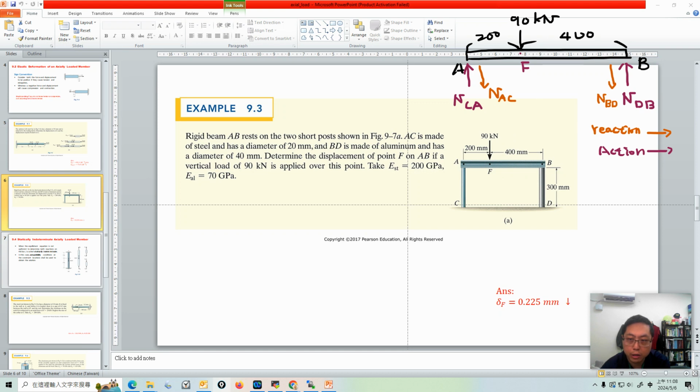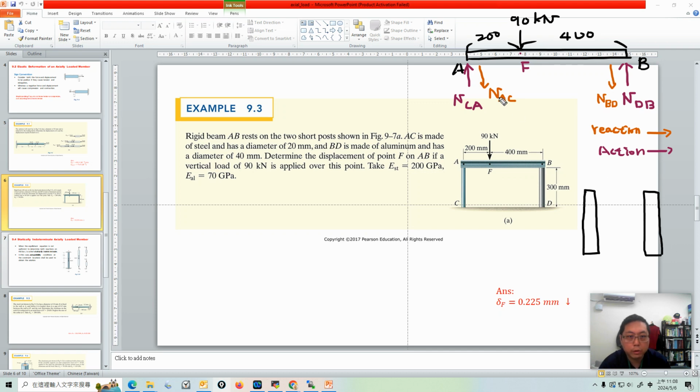Let me draw another diagram. This is the AC bar here and here is the BD bar.